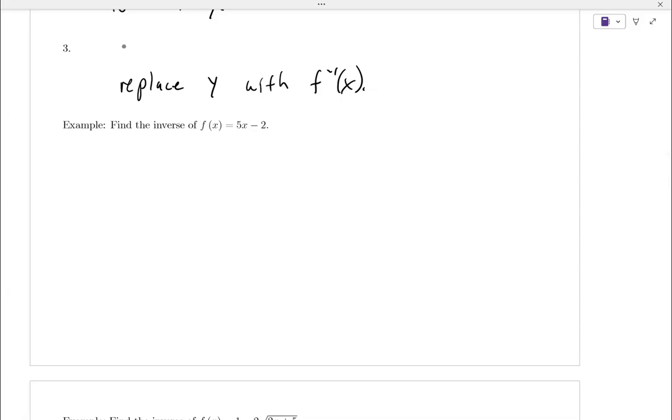The first step we're going to do, and notice that remember we think of f of x as the y. So I'll make y equals 5x minus 2. The first step again is to flip-flop your x and y around. So we now have x equals 5y minus 2.